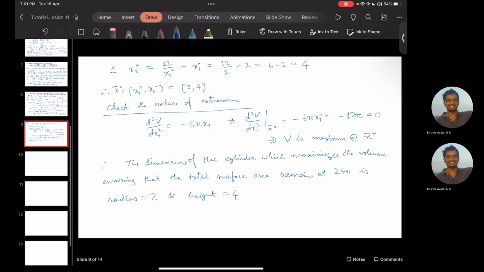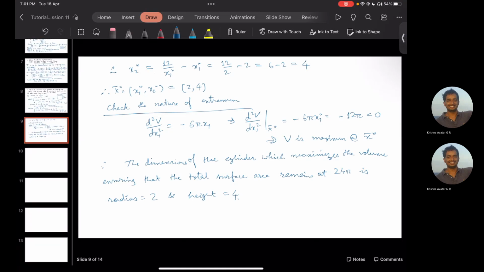So these are the values of the extremum, or the dimensions. Okay.